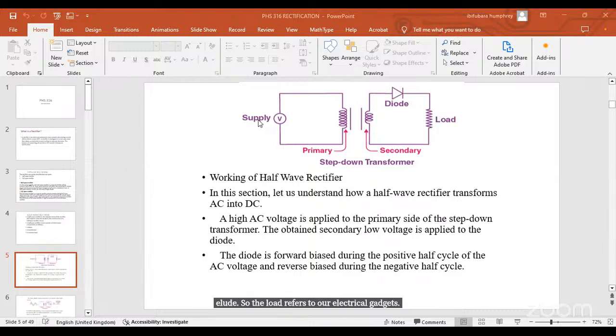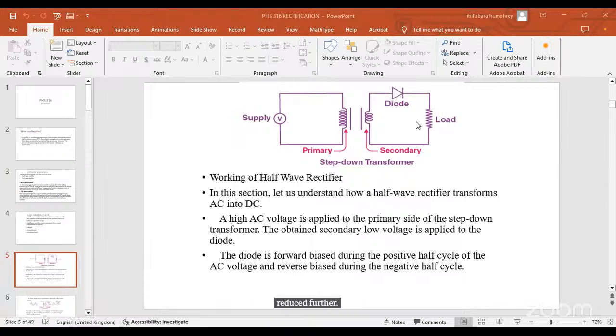The power is supplied from the mains, and then it's stepped down after passing through the primary section of the transformer. It is stepped down to the secondary and then follows the diode, where the voltage or current supplied is reduced further.